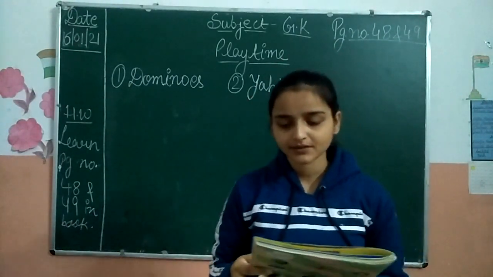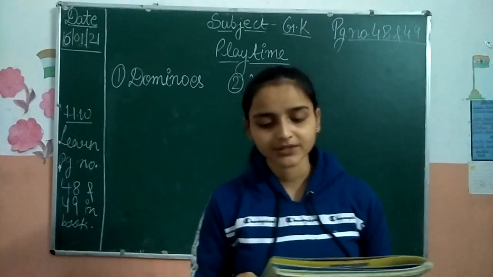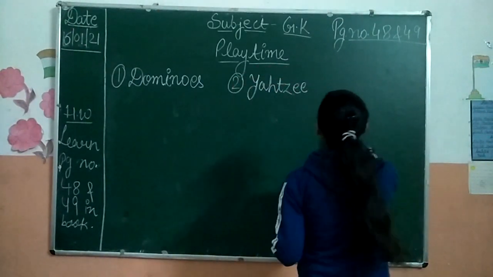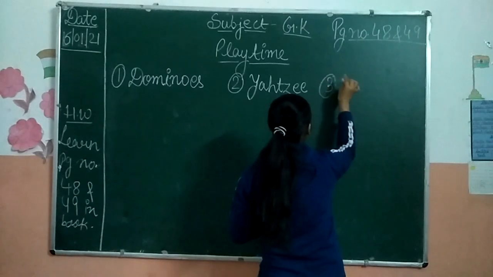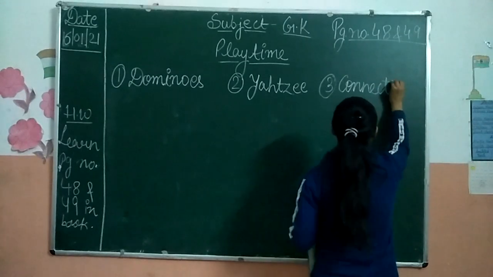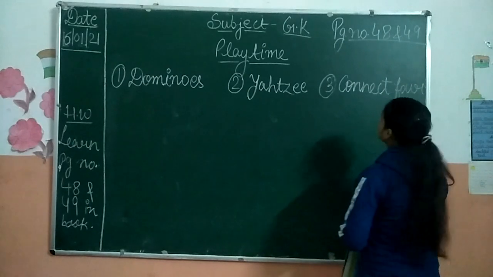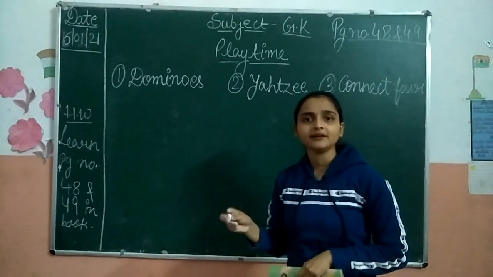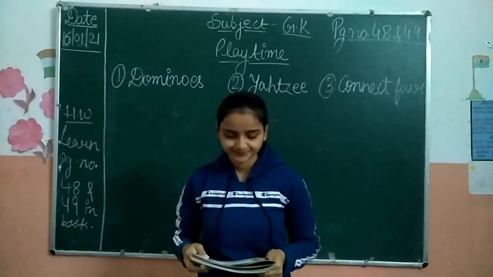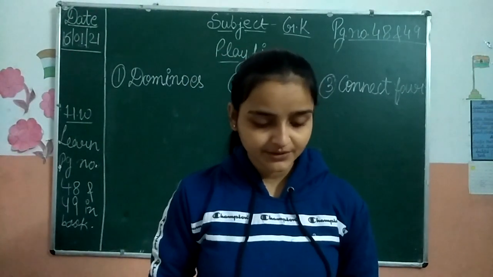Now come to third one. Which game is this? This is Connect 4. Okay. In third number, write it down. Connect 4. Okay. Everyone has written. Now look at the fourth picture. Which game is this?